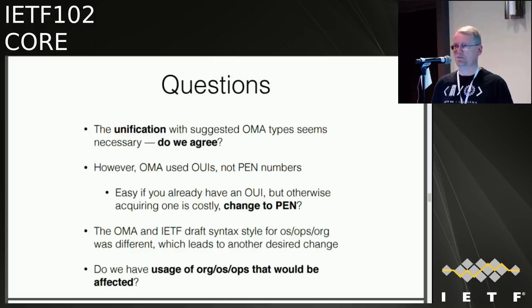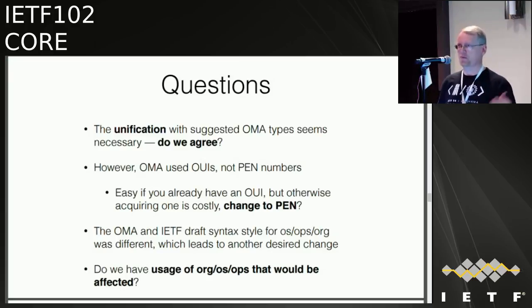And there are some more detailed questions. The OMA work actually uses the OUI identifiers from IEEE, and we had previously used the PEN numbers, which are the IANA private enterprise numbers. The question is which one should we use, or both? And should we change this, like what the guys did in OMA?